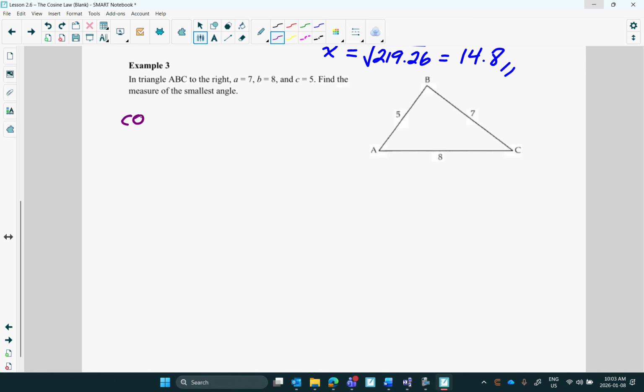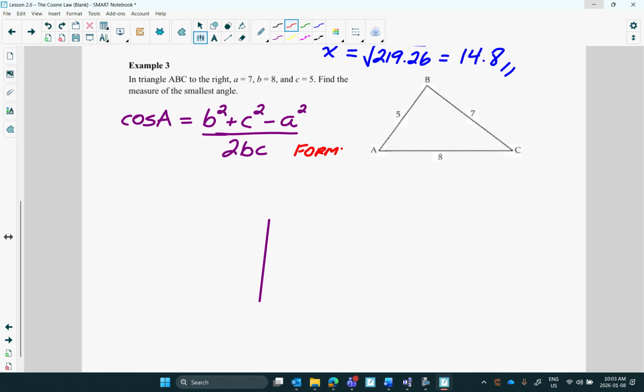The cosine of an angle will equal the two sides that are not opposite that angle squared and added together, minus the side opposite the angle we're trying to find squared, over 2 times BC. Again, this one you'll be given. You don't have to worry about putting it on the formula sheet.